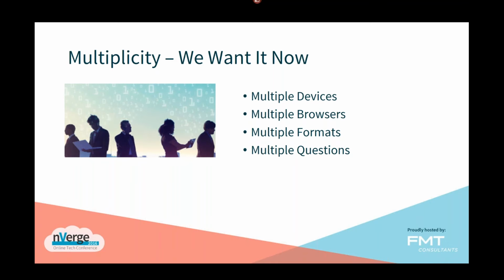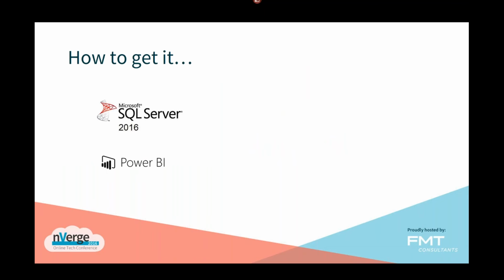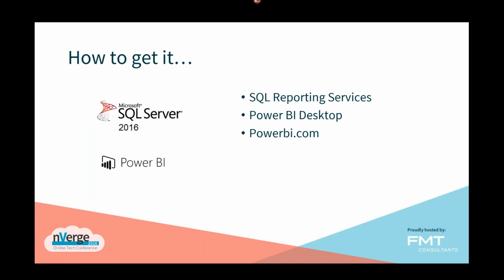And then multiple formats. Not everybody wants to see everything in a tabular report listed out where you have to mine through the data to find the answers you want. Sometimes we just want to see a KPI, or we want to see the data represented in a chart so that you can quickly pick out the peaks and the valleys or see the trends. So we want to see the data in multiple different formats.